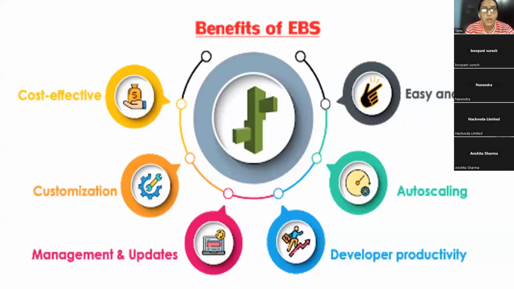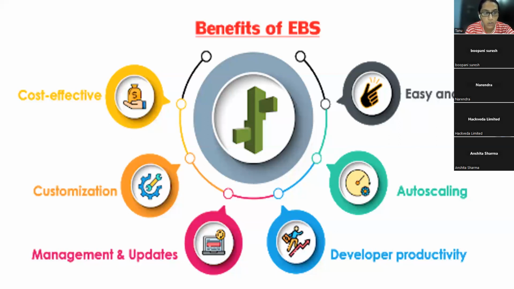Elastic Beanstalk provides several benefits for developers. It is cost effective because we pay only for the resources we use. We can customize our environment by configuring the resources and settings that are best suited for our applications. Elastic Beanstalk also manages updates and patches for us, which saves time and effort. It is easy and simple to use, which makes it ideal for developers who want to focus on writing code.